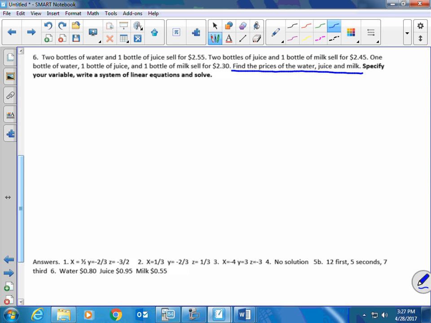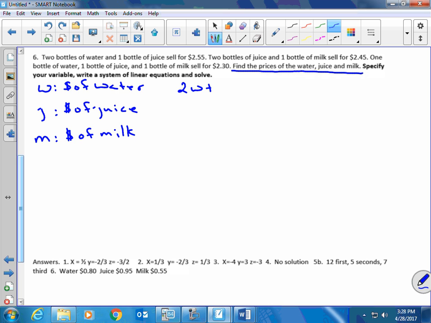I'm looking for prices. I'm going to call W the cost of a water bottle, J the cost of juice, and M the cost of milk. So in the first sentence, we have 2 bottles of water, 1 bottle of juice, and the total cost was $2.55.